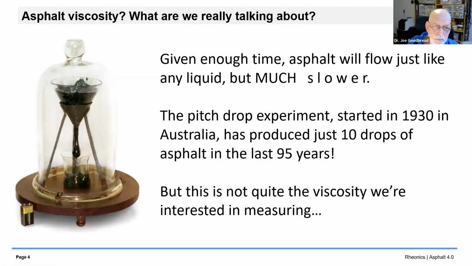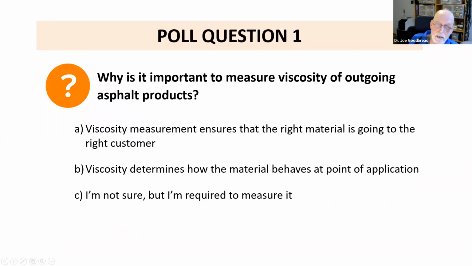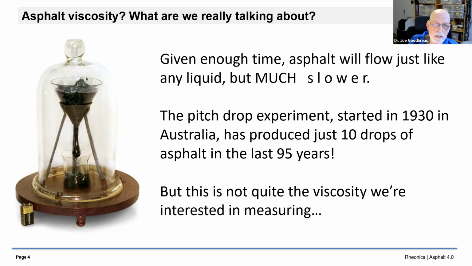So first of all, what are we really talking about when we say that asphalt has got viscosity? One aspect of that, you may be familiar with, is this experiment that was started in Australia back in the 1930s, where some professor took a glass funnel and filled it with pitch, which is basically bitumen.